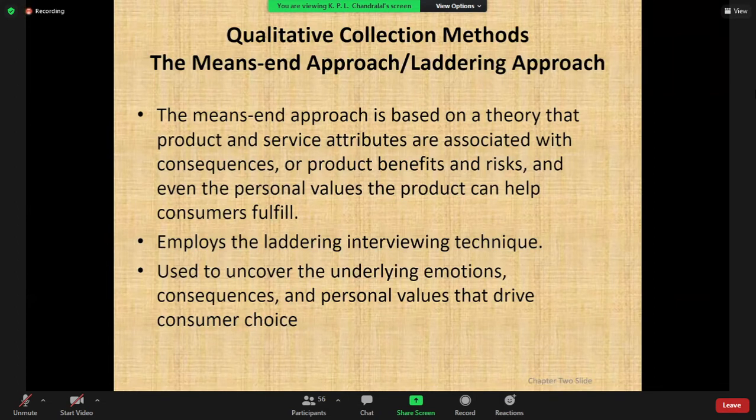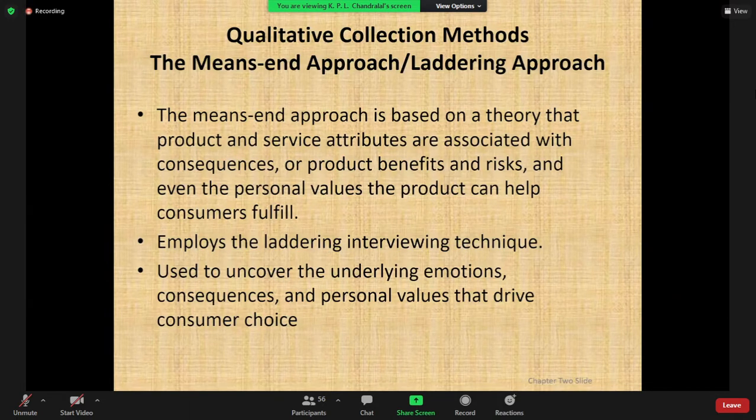But under this laddering technique, when you ask the question why a number of times, you can end with the end. You start with the means. Means is mostly the feature or the attribute of a product.